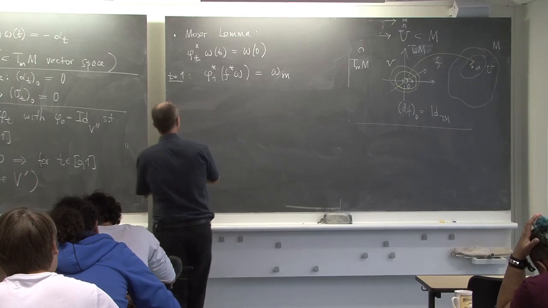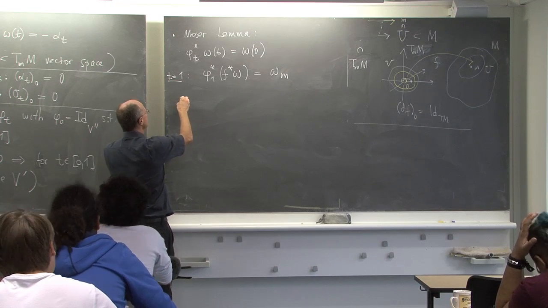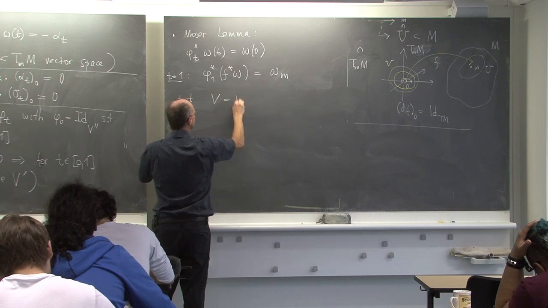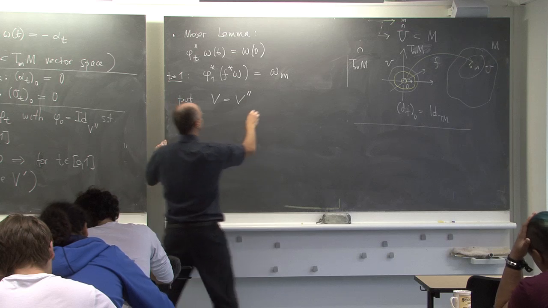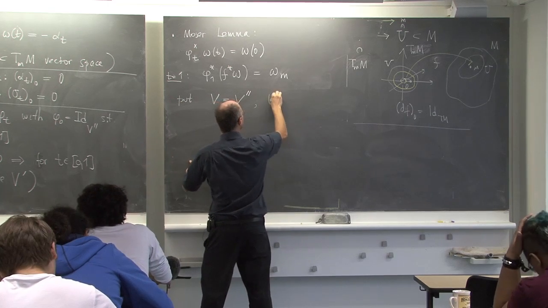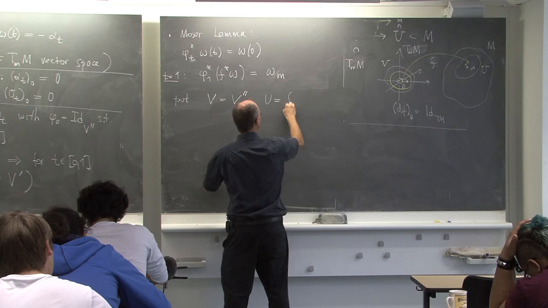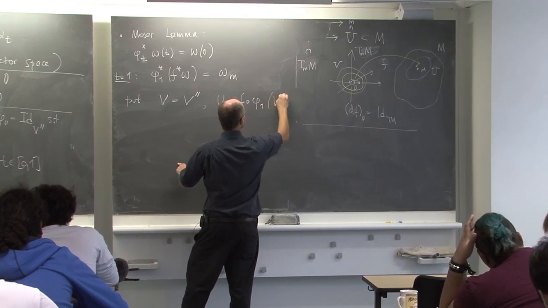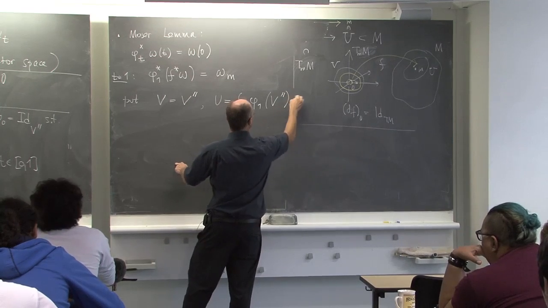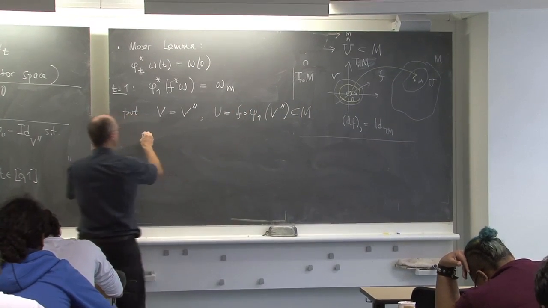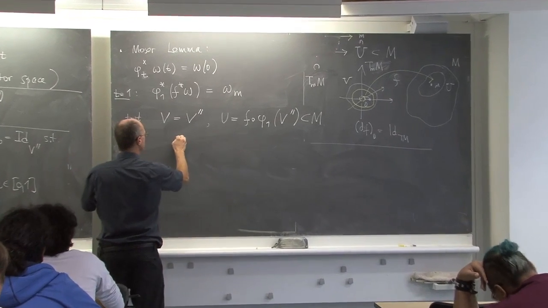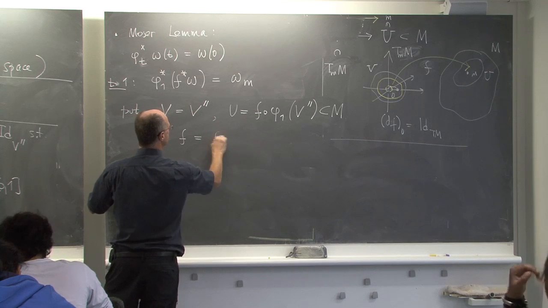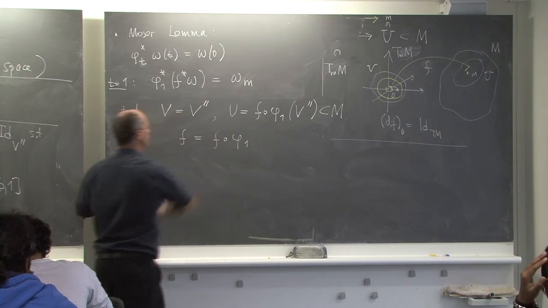Now finally for the Darboux theorem, put our V equal to V double prime, put our U to be F composed with phi 1 of V double prime in M, and put F to be equal to F composed with phi 1.